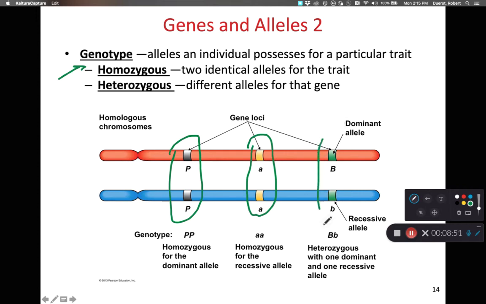Or you could be a heterozygote and have one recessive and one dominant from either mom or dad, and you can flip-flop that. So when we talk about genotypes and we're saying homozygous, you have to say homozygous dominant or homozygous recessive most of the time. It's really not necessary to say heterozygous for a dominant and recessive allele. Just by saying heterozygous for the allele, it's implied that it's for the dominant and recessive allele.